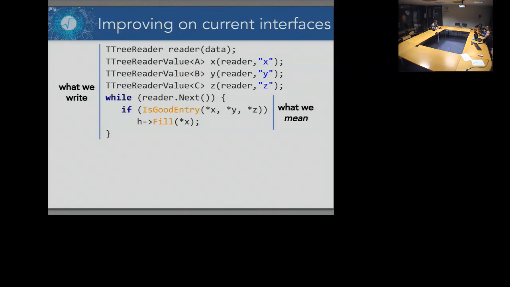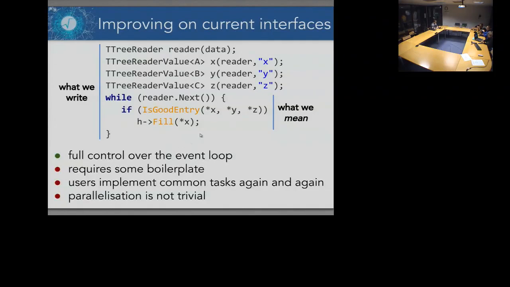One declares a TTreeReader object, then declares readers for different branches of the tree, meaning columns of your columnar data storage, X, Y, and Z. And then you write the event loop, right? While there are data points, if the event passes my selection, then I fill a histogram with it. Okay, simplest analysis ever, but it's a good exemplar of what people want to do.